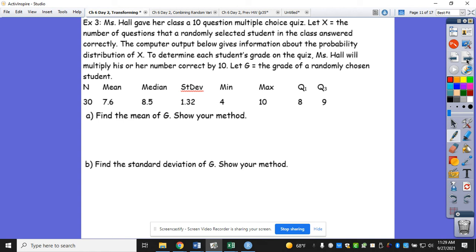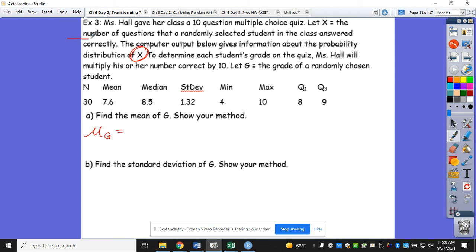So mu of g. How do I find mu of g? These are x already. So x is the number correct.